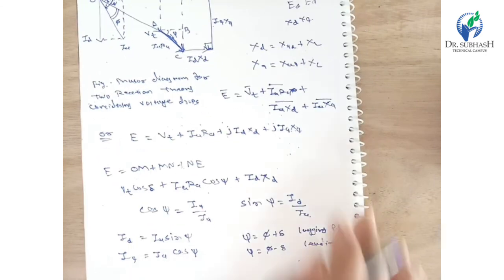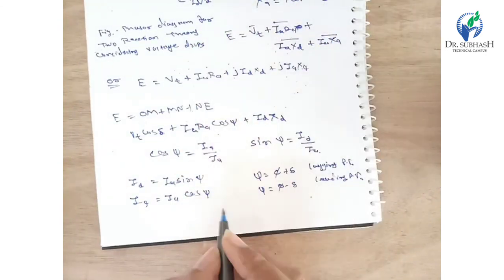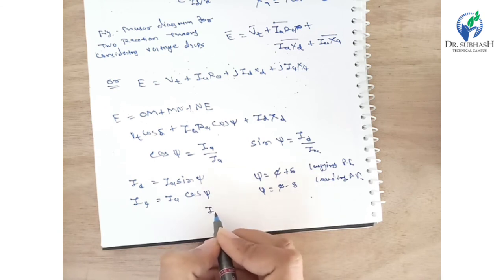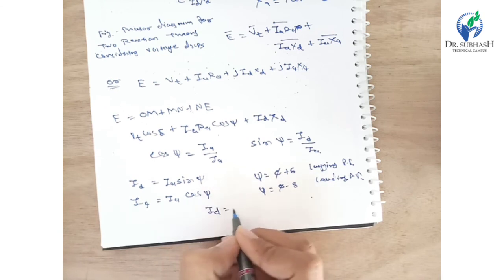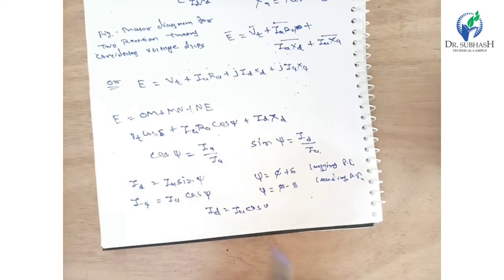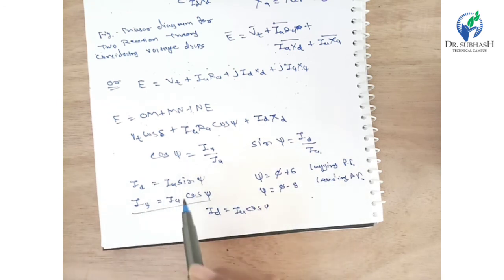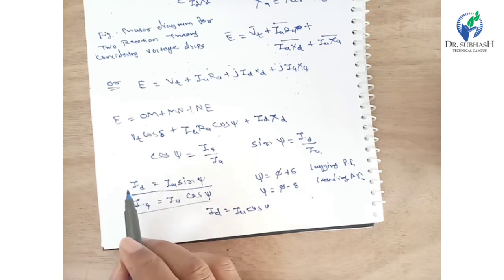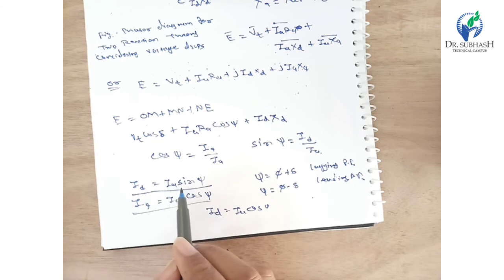For the phasor diagram, we know that the current in the q-axis is Iq equal to Ia cos psi, shown here, and the other current in the d-axis is Id equal to Ia sine psi.